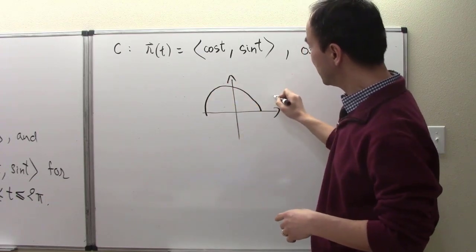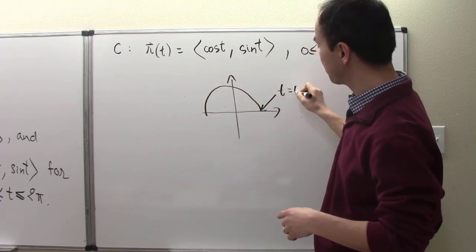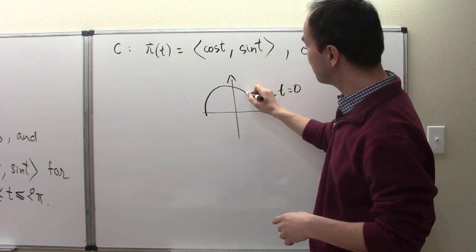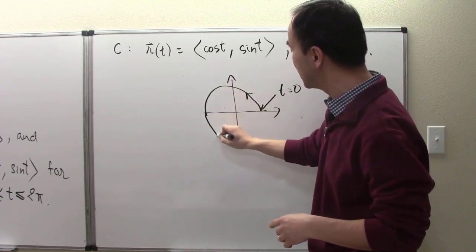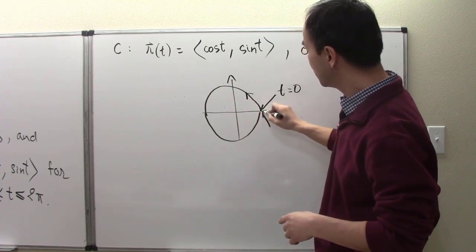When t equals 0, we have the start here, and then it goes around in a positive direction, and when t equals 2 pi, we end right here.